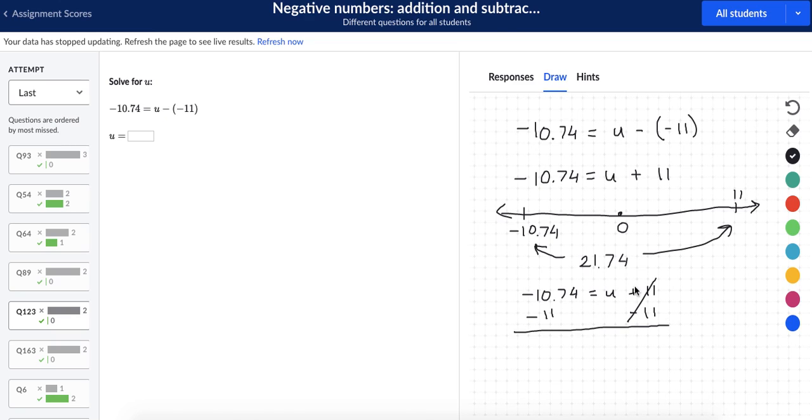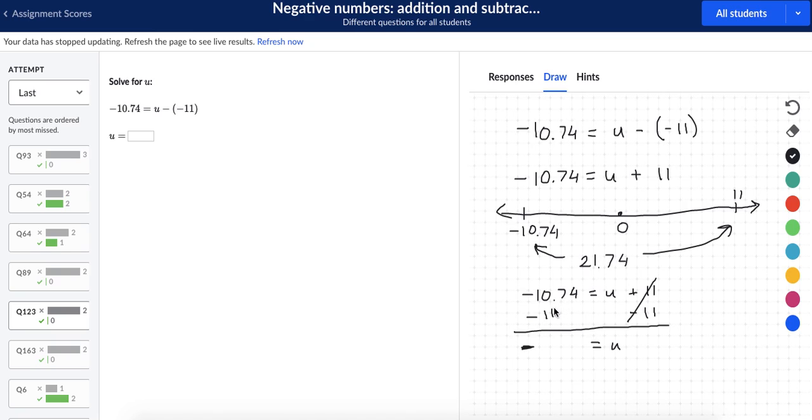So we've got 11 minus 11, that gives us u on this side, because the 11s are gone. And now we have negative 10.74 minus 11. So we're adding them together, and we've got the negative here.